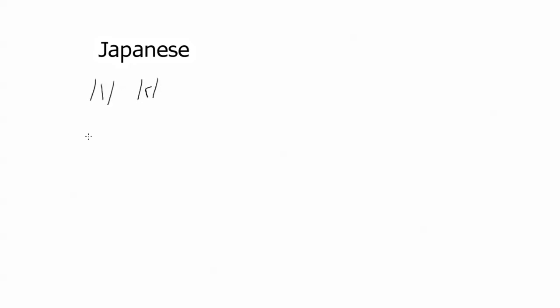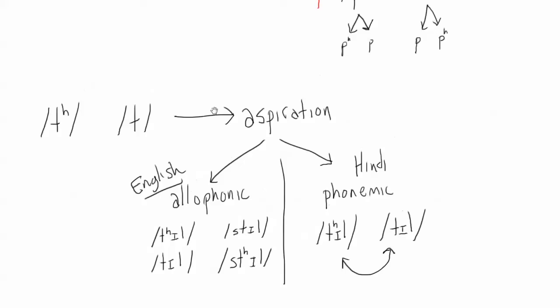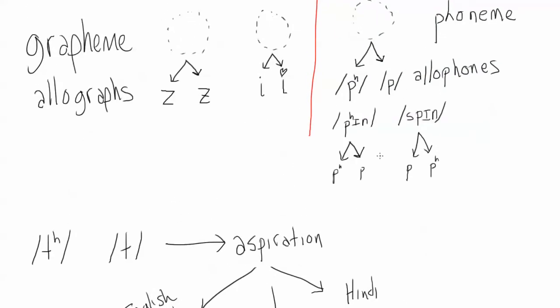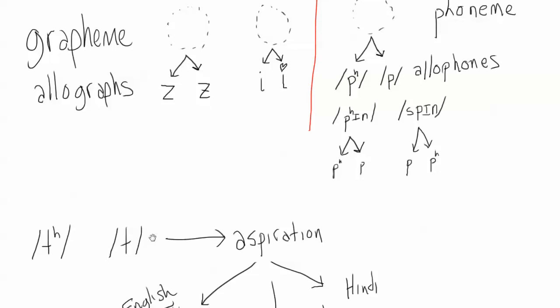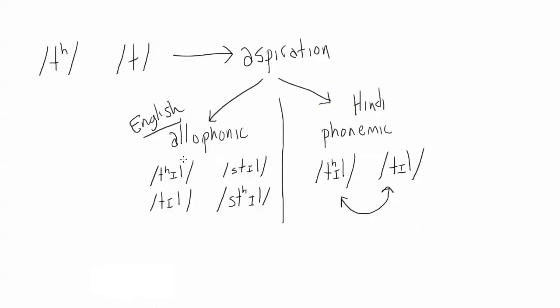So what that means is you could say lead, or you could say red, and they would still be perceived as the same word. Very similar to how in English you could say pin with aspiration, or you could say pin without aspiration. It would be perceived as the same word. That's because in English, aspiration is allophonic.